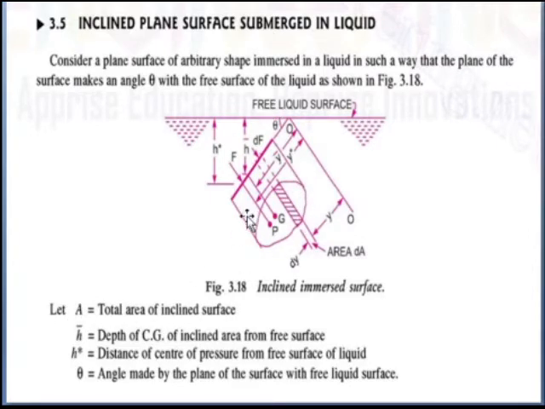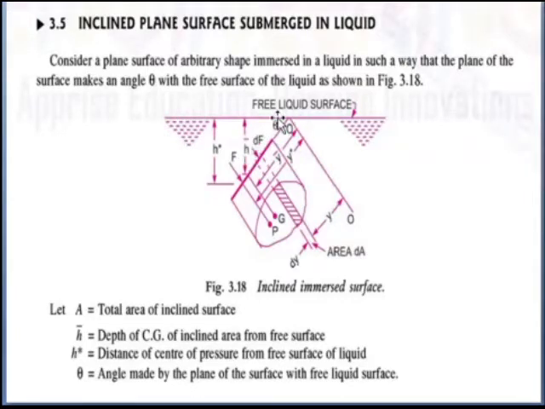The center of pressure is acting over here and the center of gravity is acting over here. The distance of the center of pressure is indicated by h star, and the distance of the center of gravity of the inclined plane from the free surface is indicated by h bar.